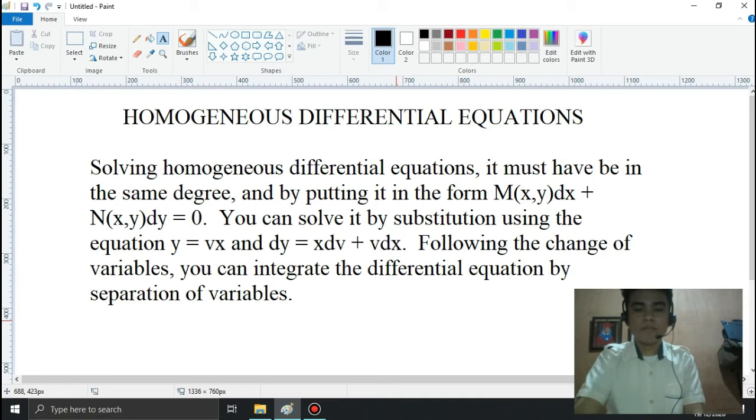Put the equation in the form M(x,y) dx plus N(x,y) dy equals 0, which you can simplify by the substitution y equals vx and dy equals x dv plus v dx. Following the change of variables, you can integrate the differential equation by separation of variables.